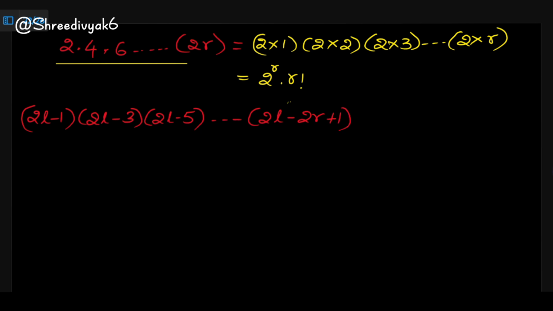Now again simply what I'll do, I'll just multiply and divide it by 2l minus 2r factorial, because those are the missing terms here, right? So it is 2l minus 2r factorial. Now if I am doing this, this is giving me 2l minus 2r factorial, but there are some other terms also which are missing, which you can write here.